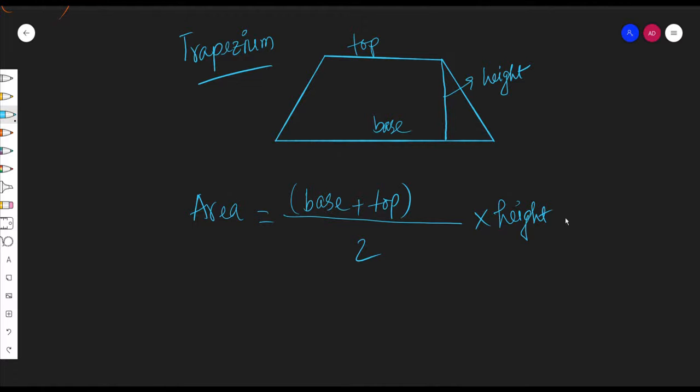Clear? If we are going to find the area of any trapezium, we need the height, the value of base, and the value of top. That's it.